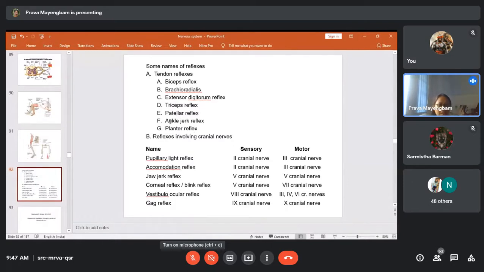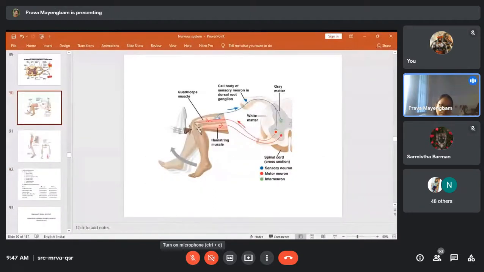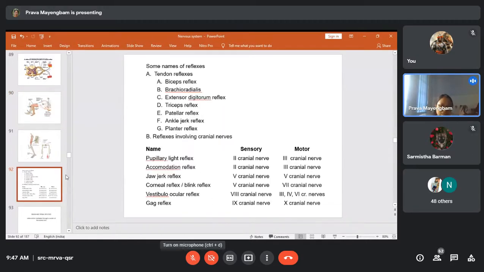So this patellar jerk reflex is this one. This can also be grouped as an extensor reflex, because the extensor group of muscles is also involved. So different modes of classification are there, and I have grouped them in the simplest classification.